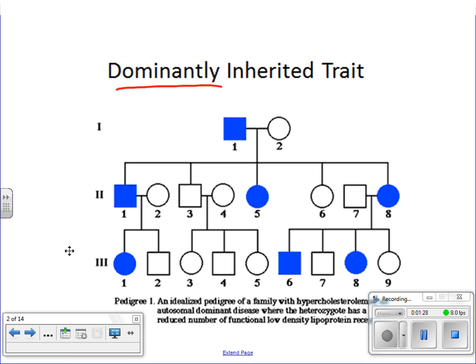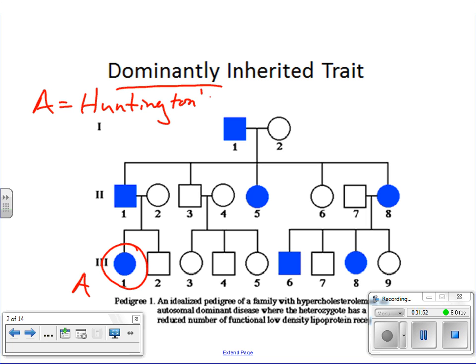So an affected individual, this shaded-in person, and actually this is a female because it's a circle, is going to have to possess a capital A. Let's say the trait we're talking about is Huntington's disease. Huntington's disease is actually a dominantly inherited trait.